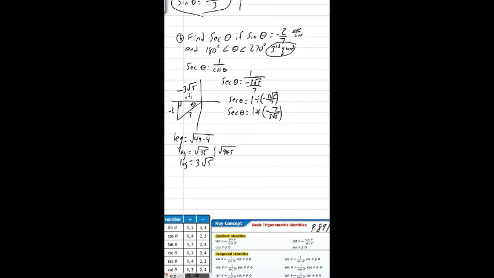When we multiply that together, we end up with negative 7 over 3 times the square root of 5. Got to rationalize, so times the square root of 5 over the square root of 5. So secant of theta is equal to negative 7 times the square root of 5 over 3 times 5, which is 15. We did all that work to get secant of theta.